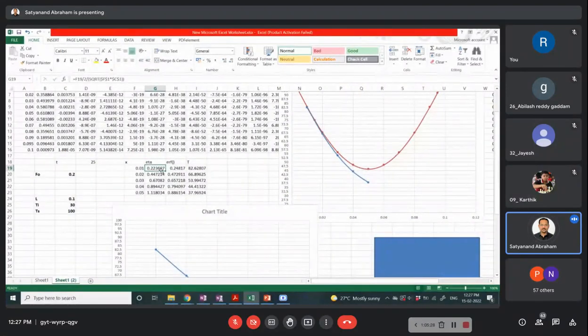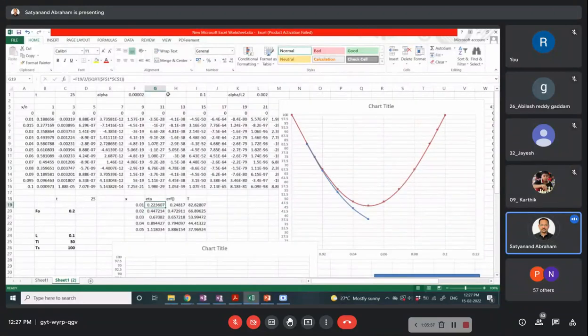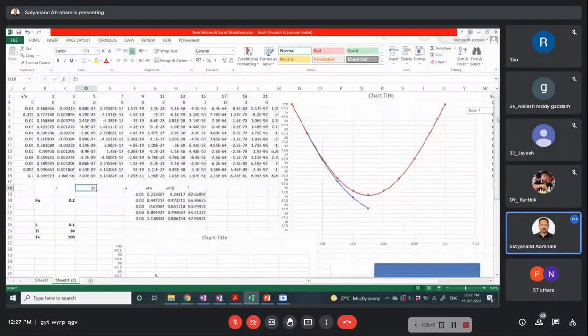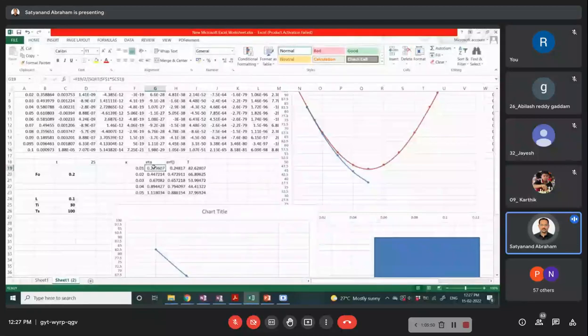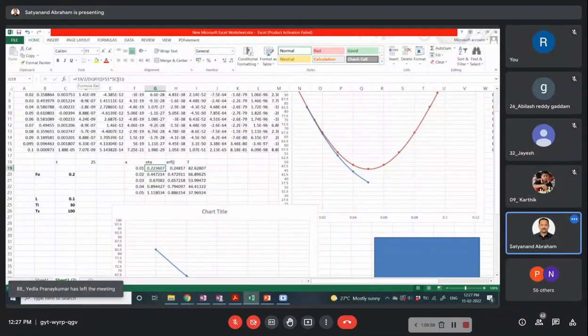Eta is equal to x divided by 2 square root of alpha into t. Alpha I have taken as 0.00002, and time is 25 seconds. So eta is calculated in F19 as x divided by 2 into square root of alpha into t.